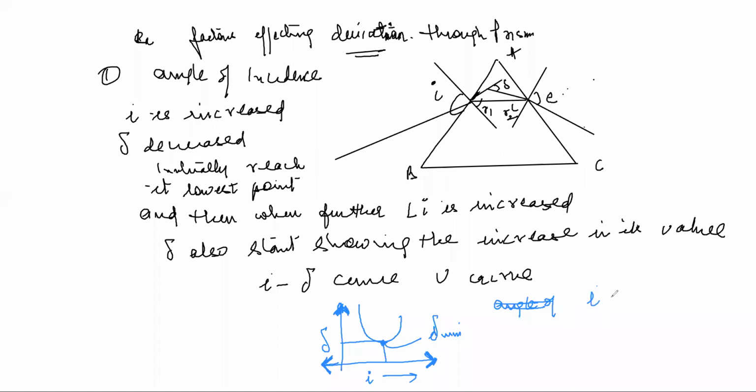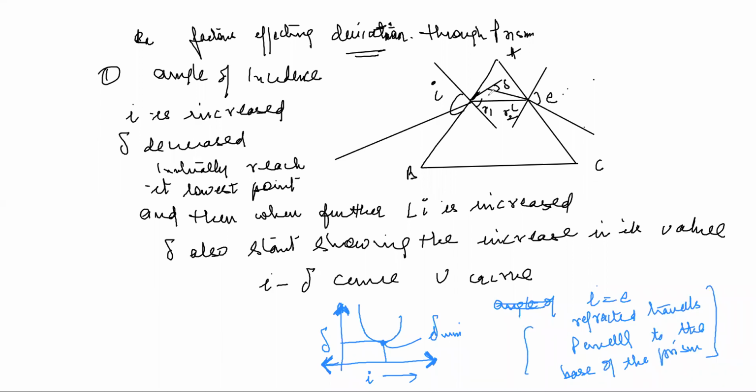R1 equals R2, I equals E. The refracted ray travels parallel to the base of the prism, right? So this light is traveling parallel to the base of the prism.